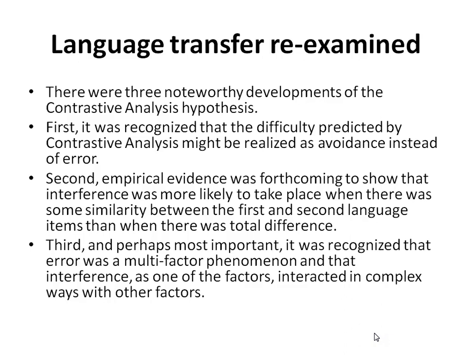Second, empirical evidence was forthcoming to show that interference was more likely to take place when there was some similarity between the first language and the second language. So if there is similarity between the first language and the second language, errors may occur, but if not, the errors will not occur.